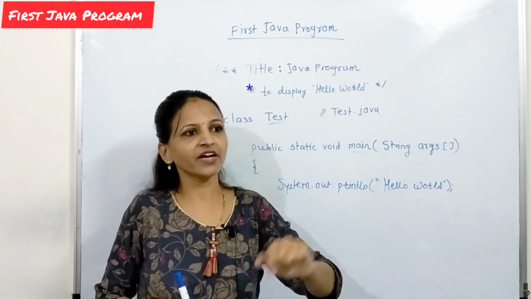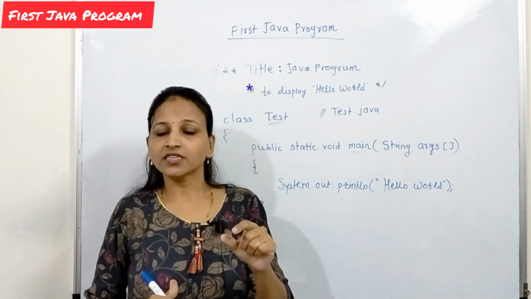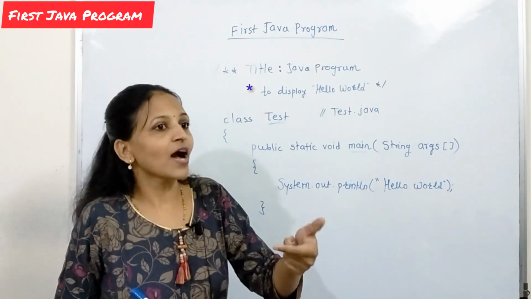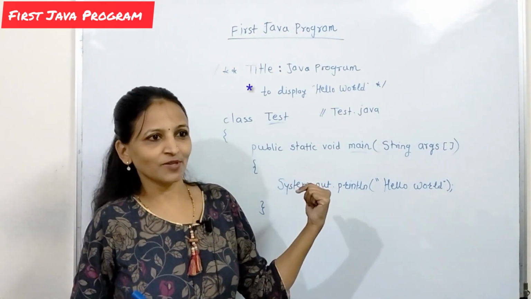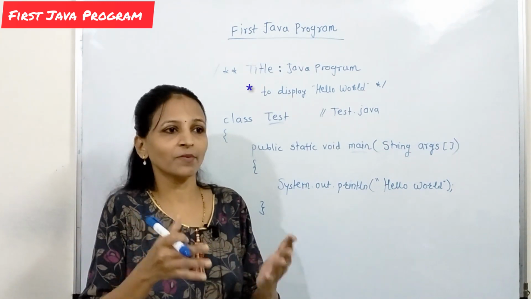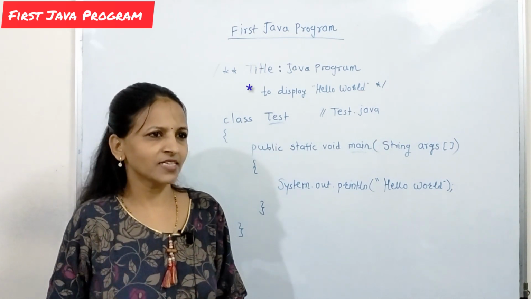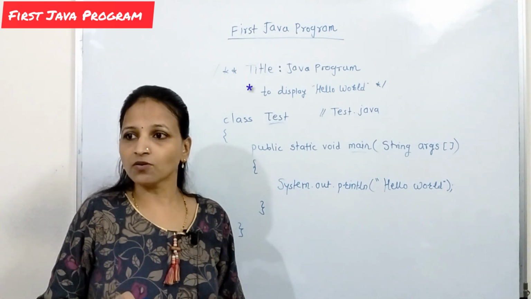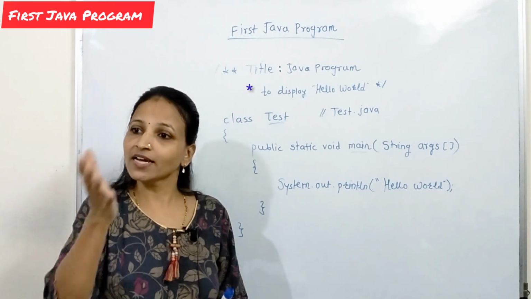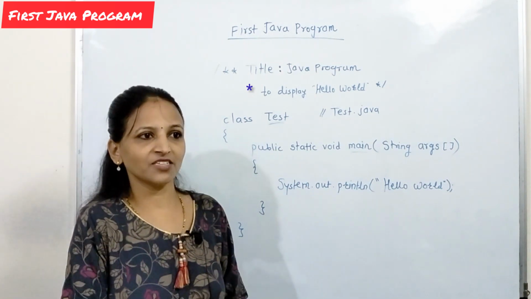Predefined identifier means a name given to a class by the language itself. Names given by the programmer to any program element like a variable, class or function are called identifiers. You know this? Now, any name given by the language itself is a predefined identifier.